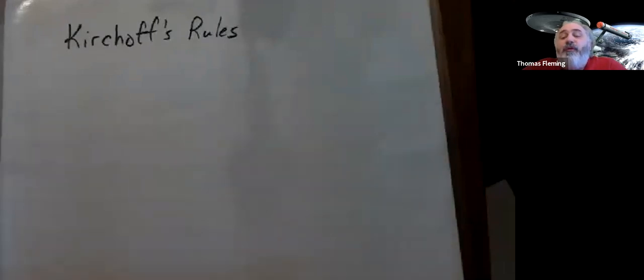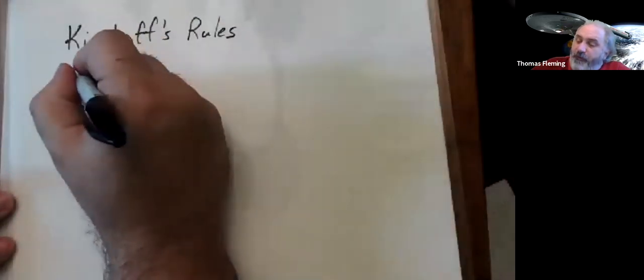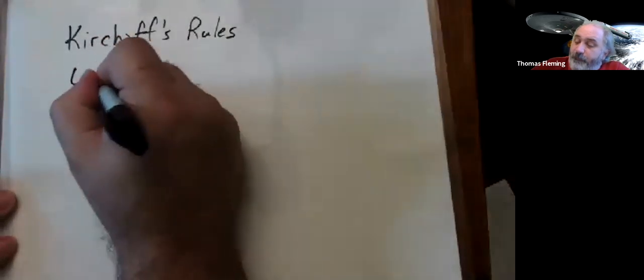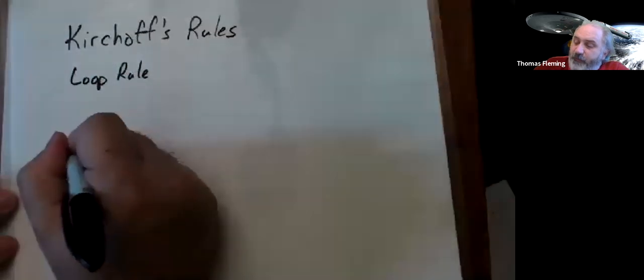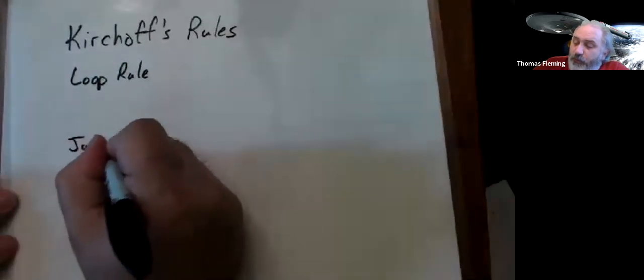Kirchhoff's rules will always be true for every circuit ever. No matter how complicated, no matter what's in that circuit, whether it's AC or DC, they always work. And there are two of them. The first is called the loop rule, and the second is called the junction rule.